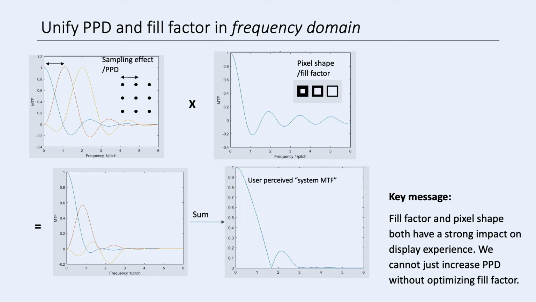A little bit of detail, but this is in frequency domain, what it looks like, right? Humans, we don't operate in frequency domain, but this is purely just mathematical expression. The sampling effect will generate replicas of the content MTF in frequency domain, and then you multiply by the pixel shape or the fill factor effect, and then you sum them up, you get this user-perceived MTF.